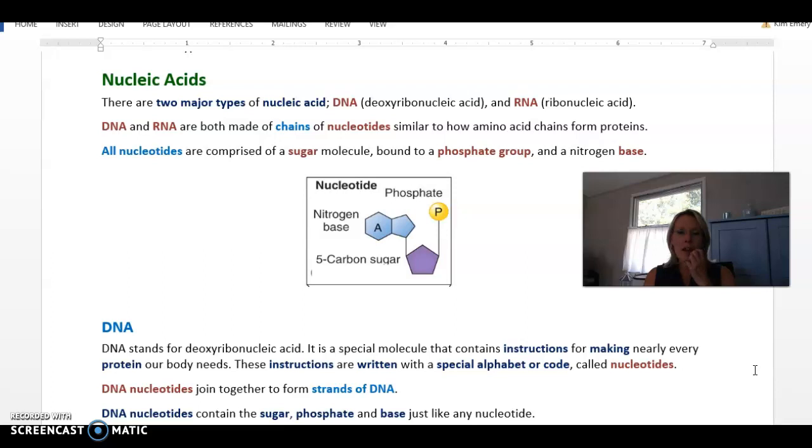DNA and RNA are both made of chains of small units called nucleotides. They join together in chains very similar to how amino acids do when they form proteins. All nucleotides have three components, and you're looking at a nucleotide here.